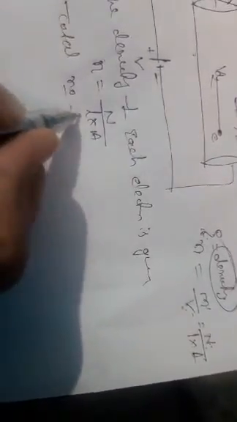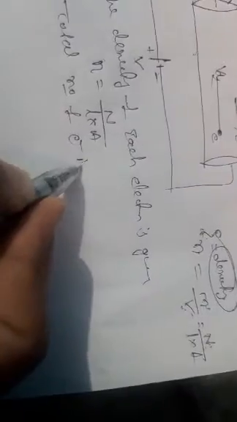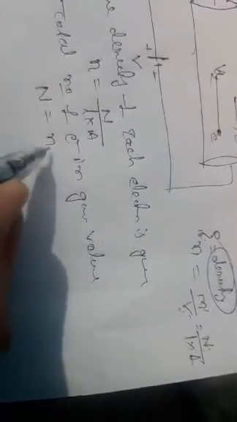Cross multiplying, capital N is equal to small n into LA, the total number of electrons present in this volume.